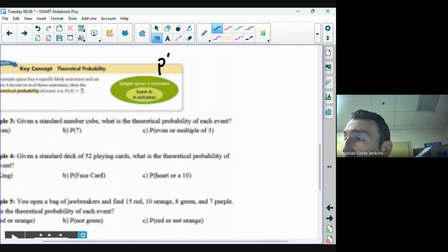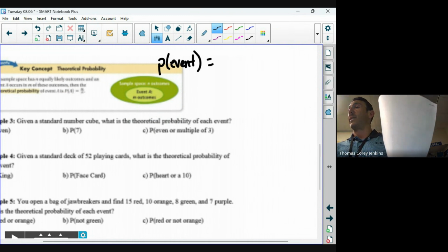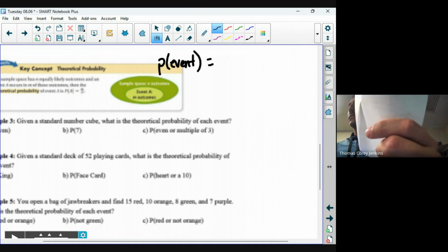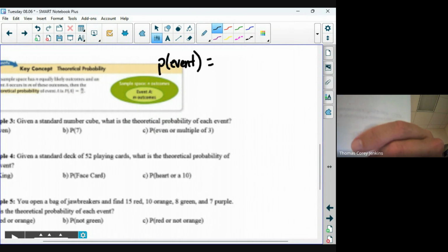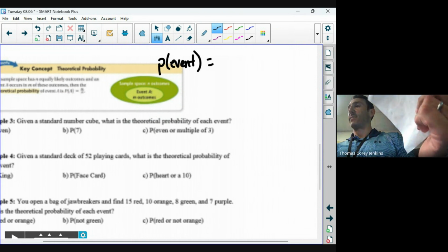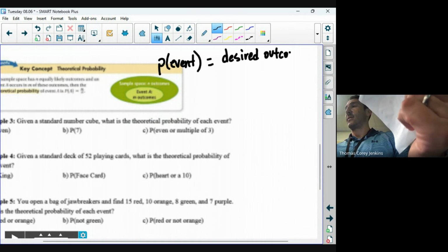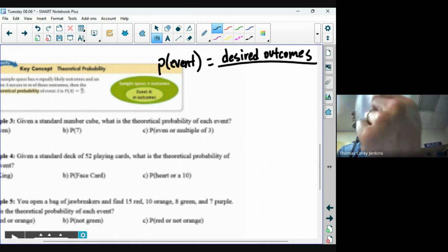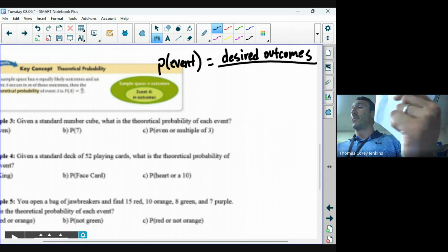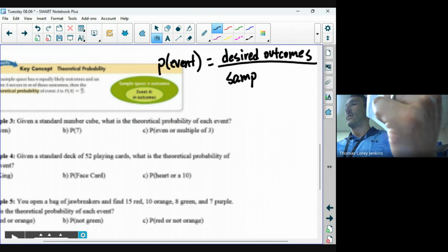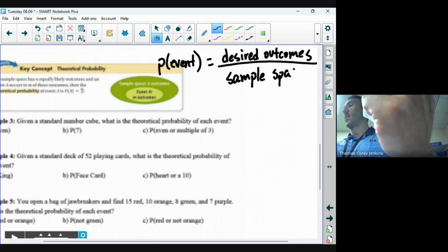The probability of an event happening in theory, so we haven't run any trials on this one, would be the number of desired outcomes, the number of what it's asking about, over the number of the whole sample space, or you could say the total there.